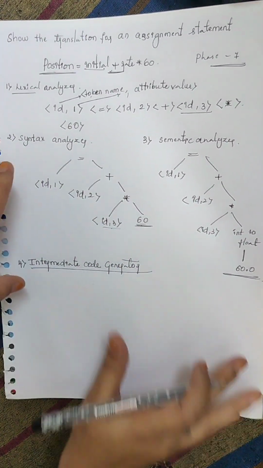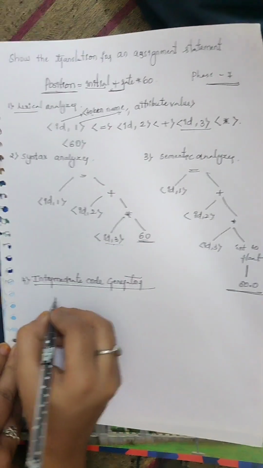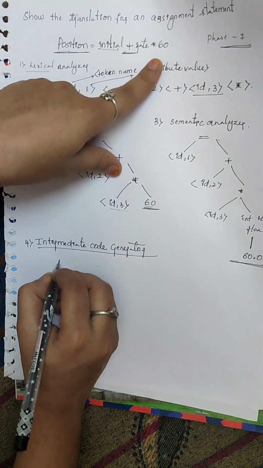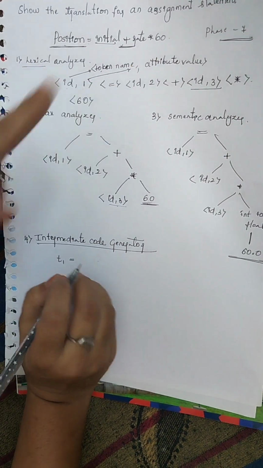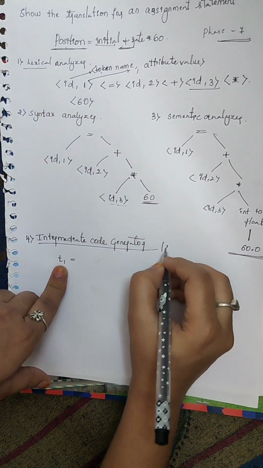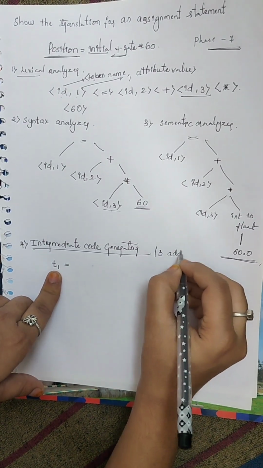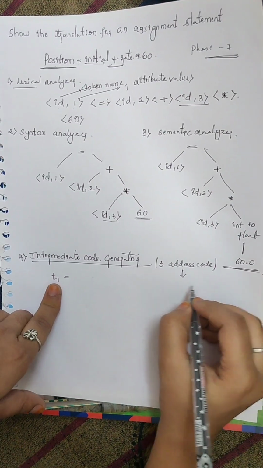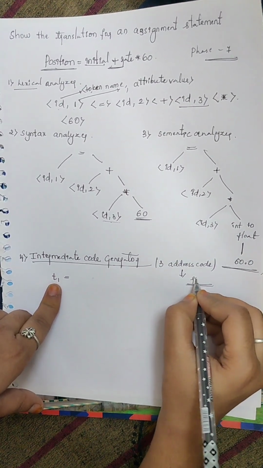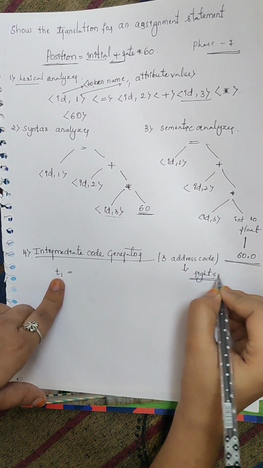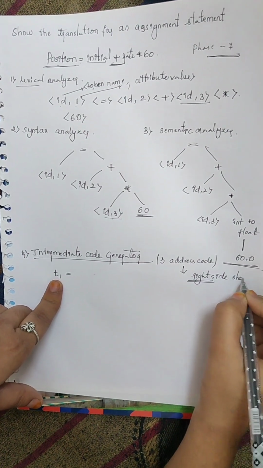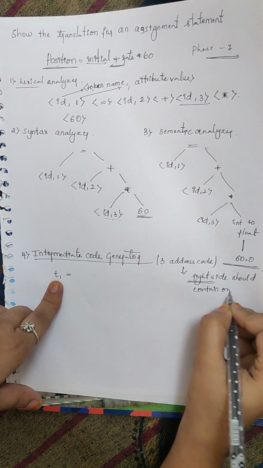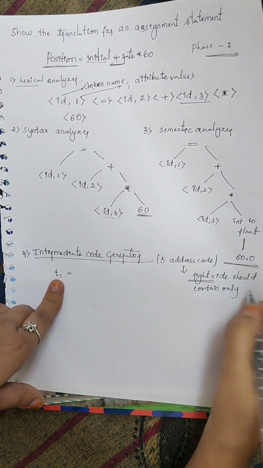In three address code, the right side should contain only one operator.